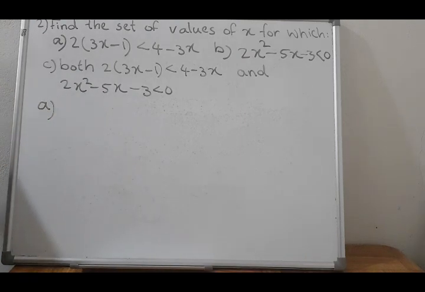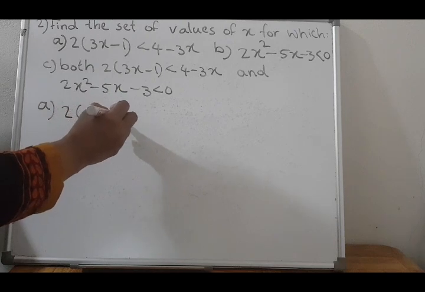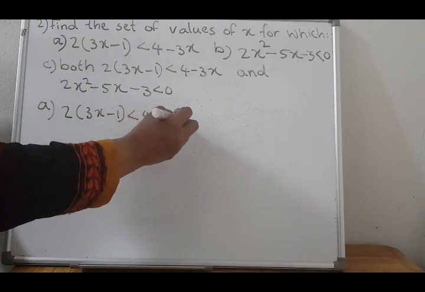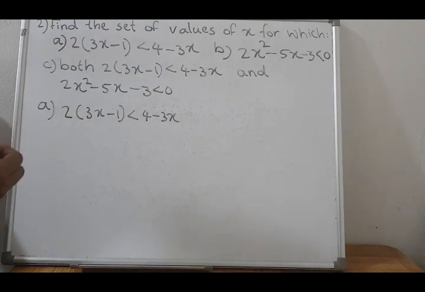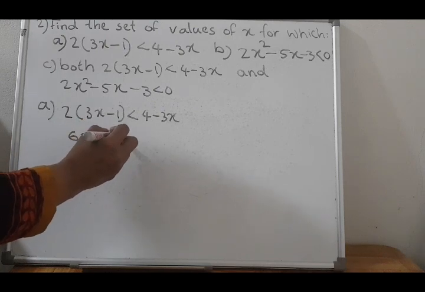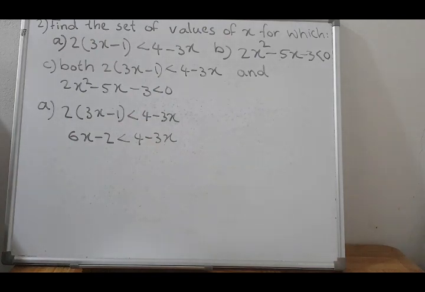See, 2 times 3x minus 1 less than 4 minus 3x. Let's remove the bracket. So this becomes 6x minus 2 less than 4 minus 3x.